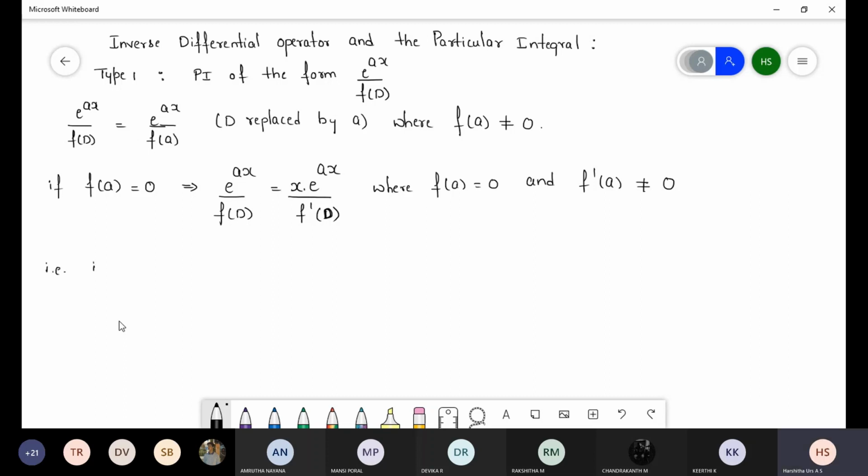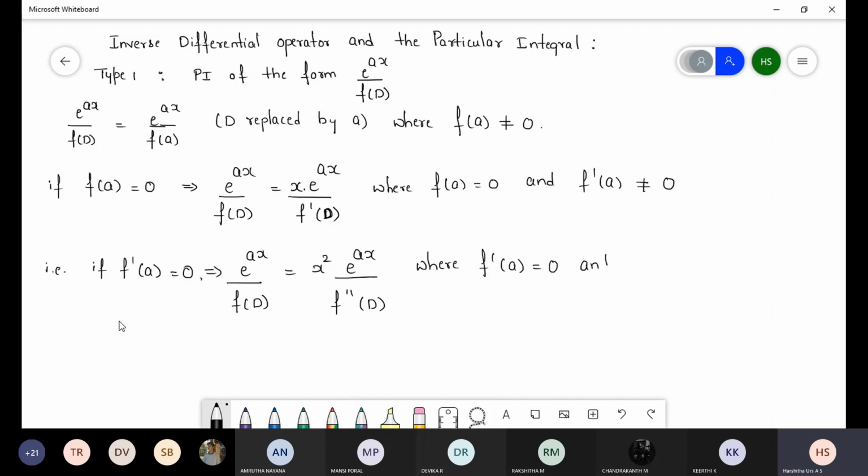That is, if f dash of A is equal to 0, then e power ax divided by f of D is equal to x square e power ax divided by double differentiation of D, where f dash of A is equal to 0 and f double dash of A is not equal to 0.